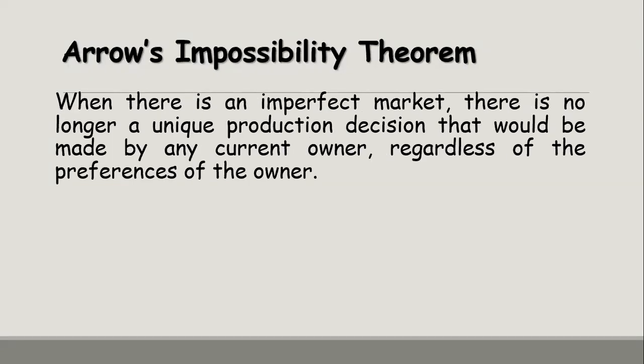Arrow's impossibility theorem: where there is an imperfect market, there is no longer a unique production decision that would be made by any current owner regardless of the preference of the owner. So it is the statement as a part of Arrow's impossibility theorem, which emphasizes the involvement or the preference of the owners for any type of unique production decision.